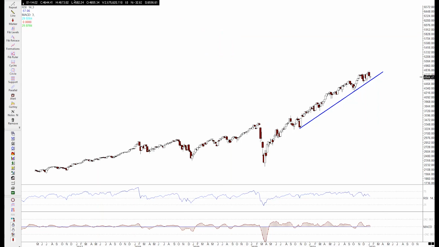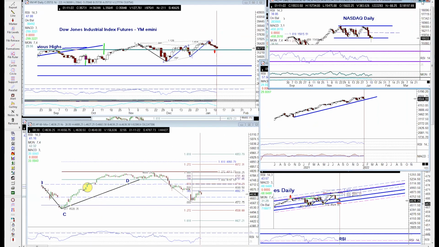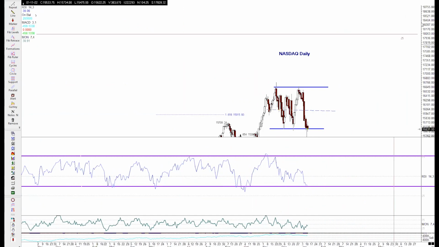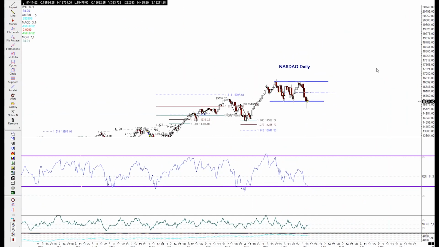Let's scale down. Actually, I changed my mind. I want to look quickly at the other indexes, starting with the NASDAQ, just to show you the type of patterns they're in. The NASDAQ is in a range. It had this A, B, C, D sell pattern up here at the top. Yesterday it came down below this lower trend line, but it did pop back up and it's just hanging there.